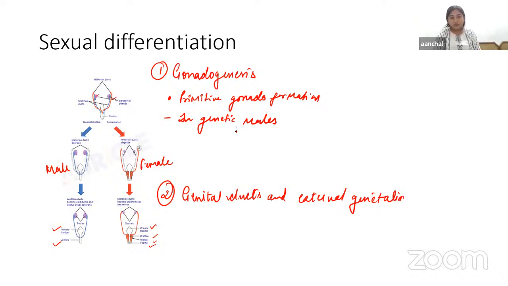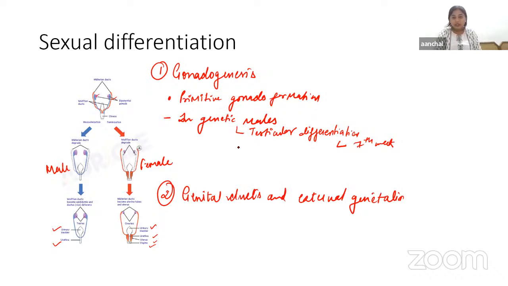So there will be testicular differentiation in the 7th week, by the Y chromosome, with the formation of primitive seminiferous tubules in the medulla, and also there will be regression of the cortex.